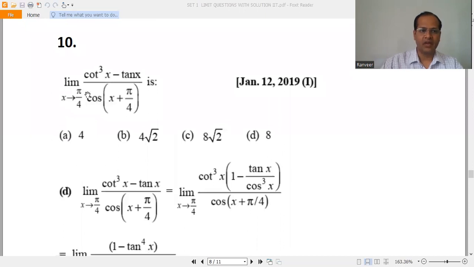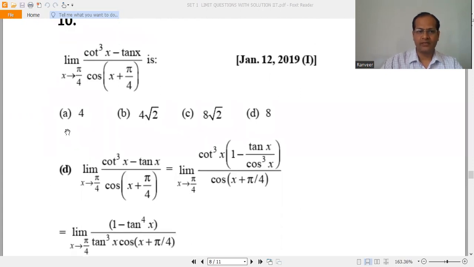Question number 10, cot cube x minus tan x over cos x plus pi by 4. So first of all, in this type of question, what is the approach that we have to see? First of all, cos of x plus pi by 4. So when we substitute the value, cos pi by 4 here, and here pi by 4, so this is pi by 2, this is nothing but the 0 by 0 form.